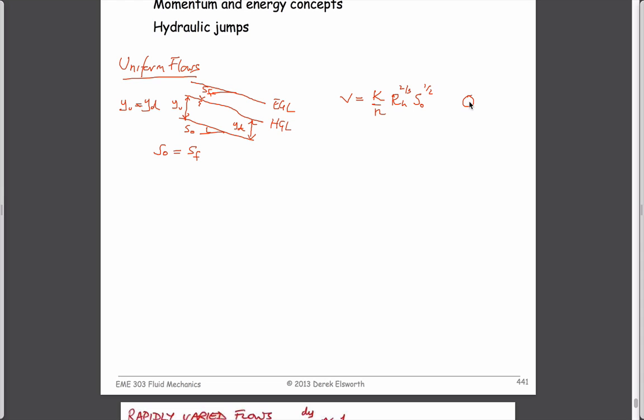And if we want to get flow rate, we can get a velocity times the cross-sectional area.